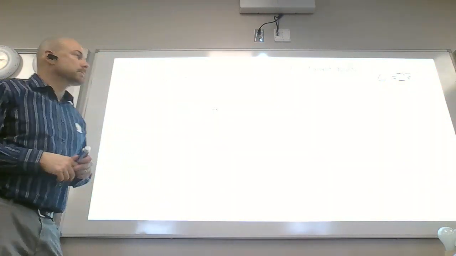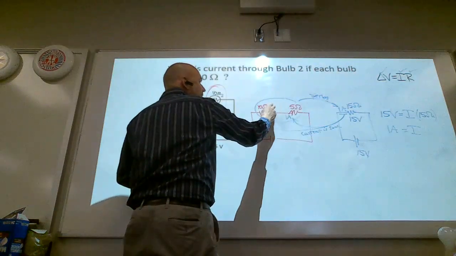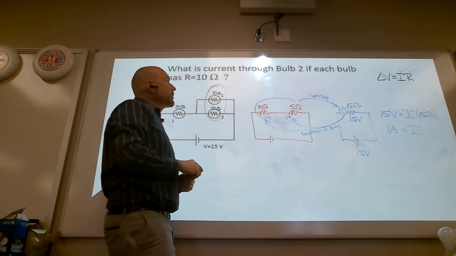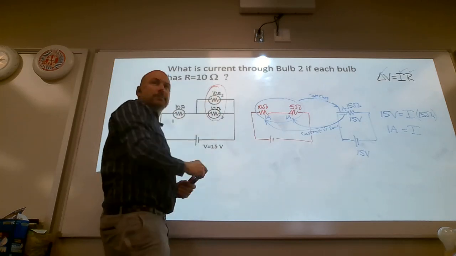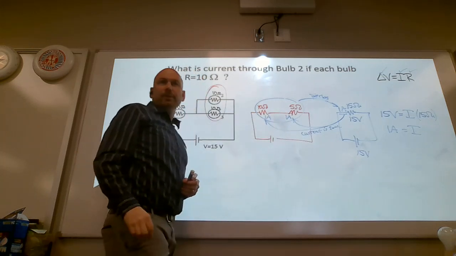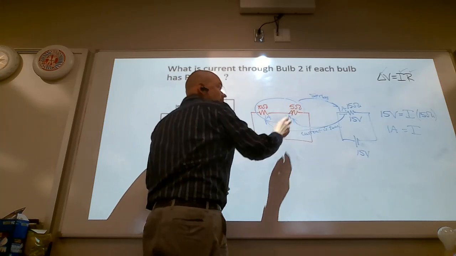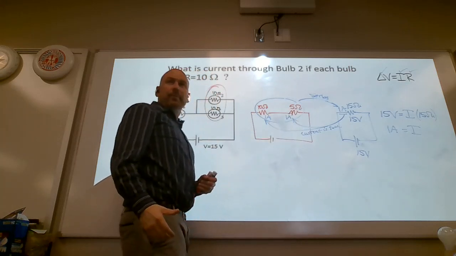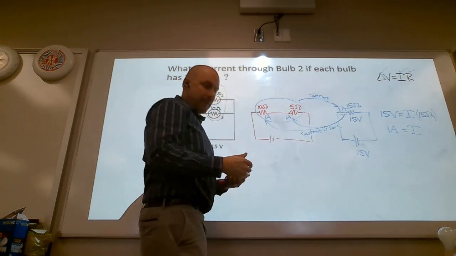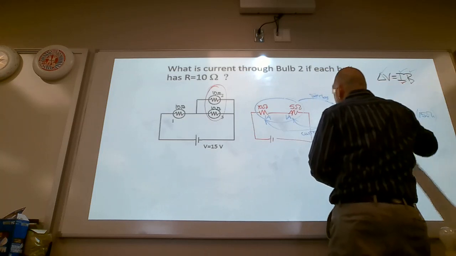Now, which of these two resistors do I care about? The 10 or the 5? Where's the 2 buried? In the 5 ohm resistor. So that's the one that I should find measurements for. Well, I've got the current, I've got the resistance. The only thing I'm missing is the voltage.